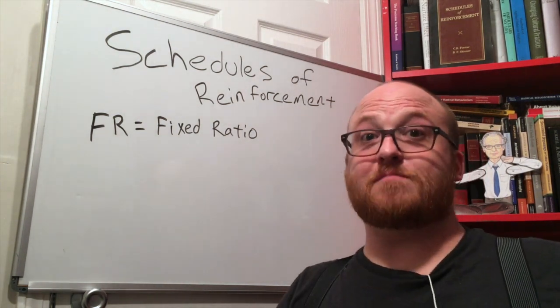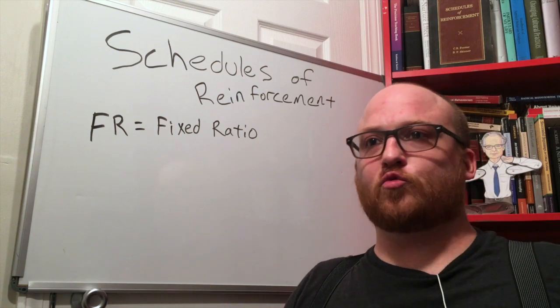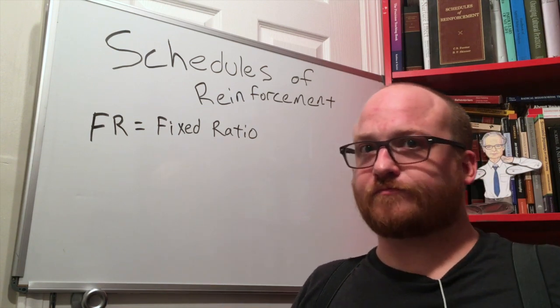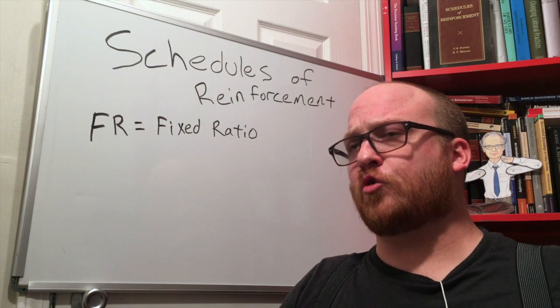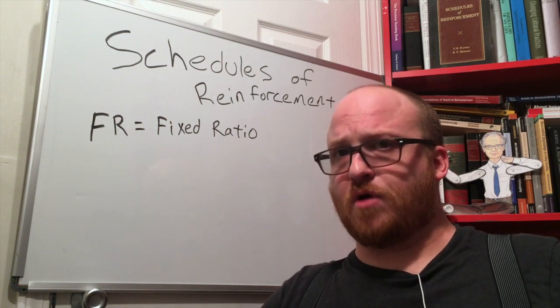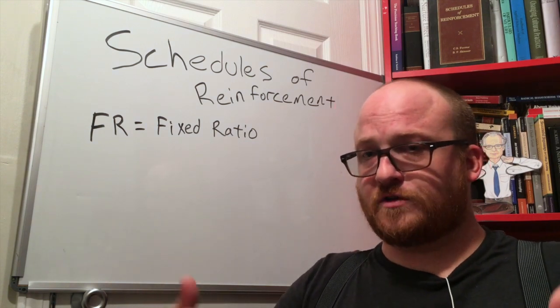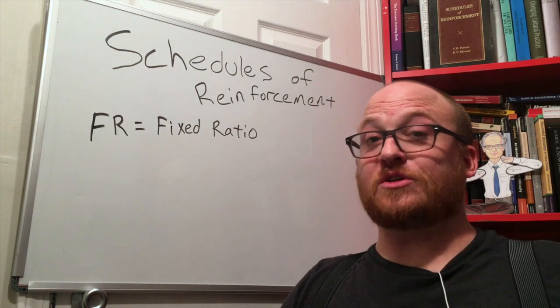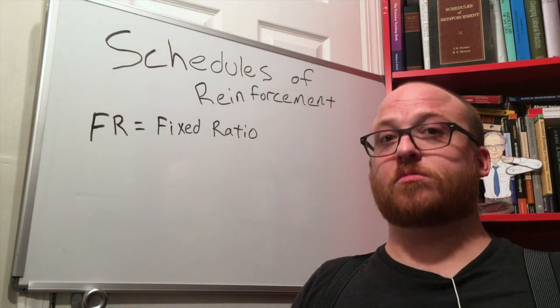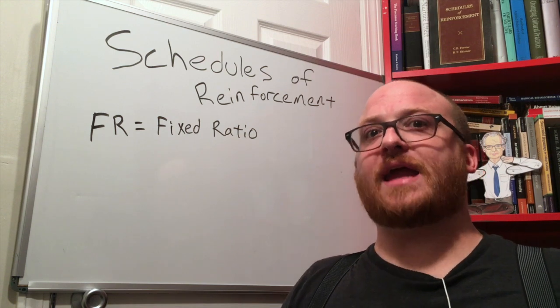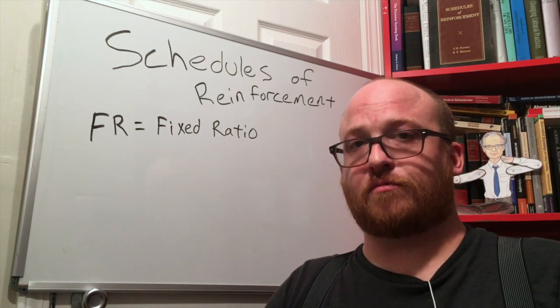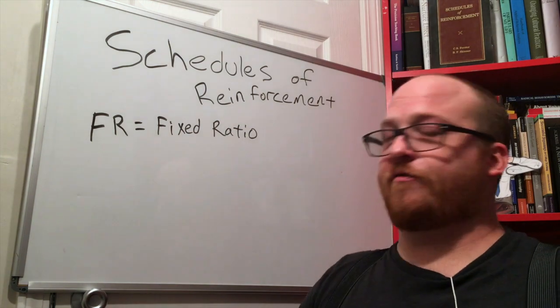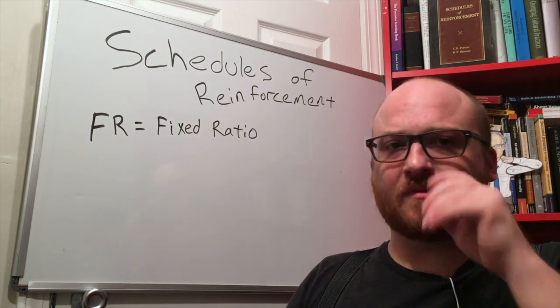If we're working on math problems, it's going to be correctly answering the math problem. So if an FR5 correctly answers math problems, you'd have to wait, after the 5th correct math problem, which may be the 100th math problem completed, but only after the 5th correct math problem will reinforcement be delivered.